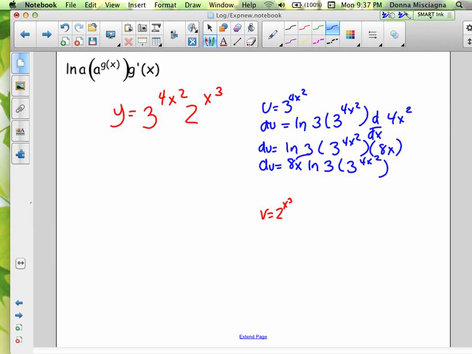I could move this back up here. So that means du is natural log of 3 to the 8x. We could simplify the 3 to the 8 part. I need a calculator for that because I have no idea. 3 to the 8th power is 6,561.